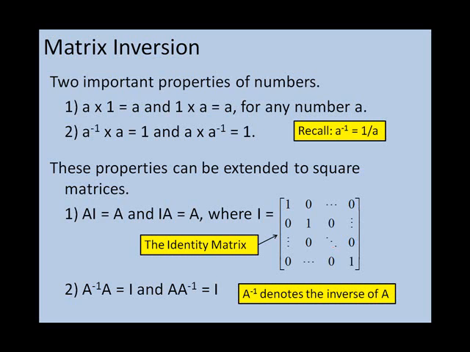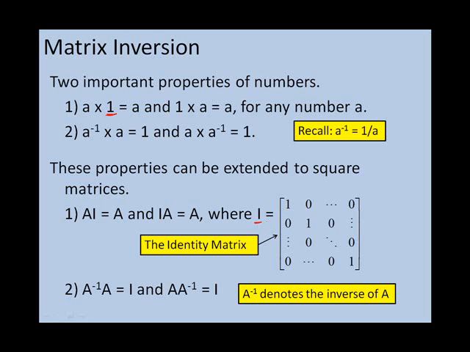These properties can also be extended to square matrices. Suppose we have matrix A. It's a square matrix. If we multiply that by matrix I, and I is going to be defined as an identity matrix. This is the equivalent of 1 when we're dealing with numbers.